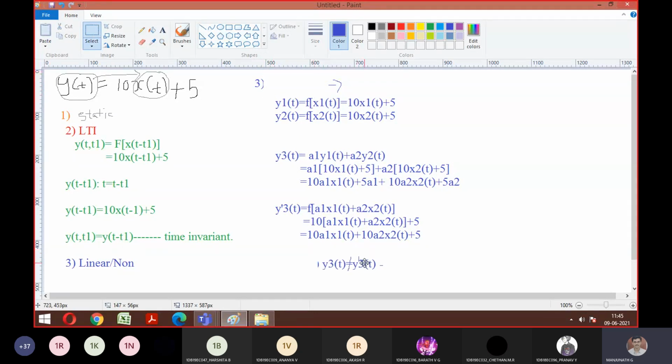So you can write this here. Hence, by comparing equation 1 and 2, that is y3 of t and y3 dash of t, you can conclude that the given system is non-linear. I hope you understood the logic now. Is it okay, guys?